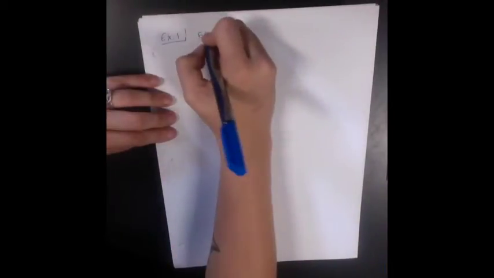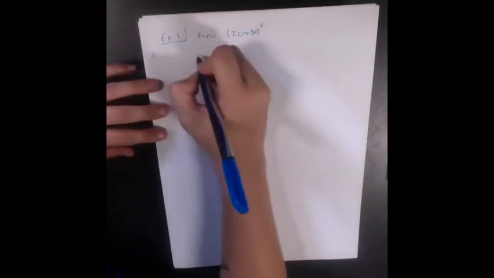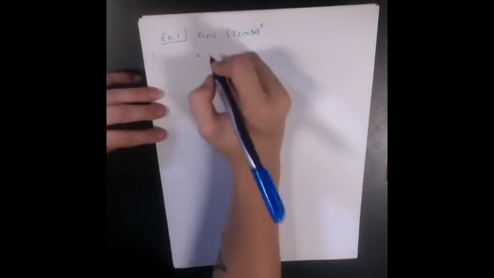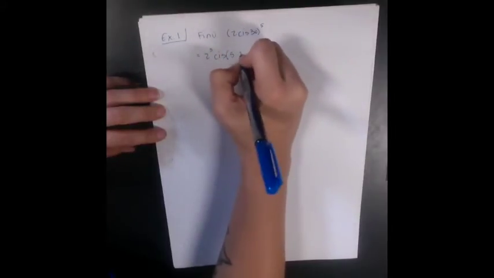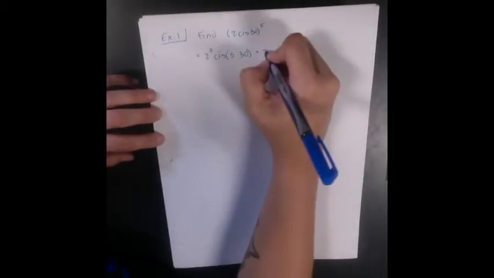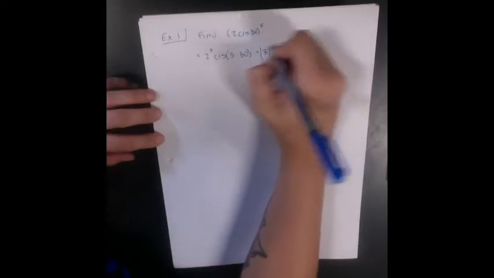Example 1, we want to find 2 cis 30 to the 5. So we know by De Moivre's theorem, this is 2 to the 5 cis of 5 times 30, which gives me 32 cis 150.